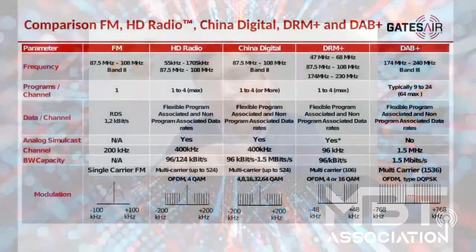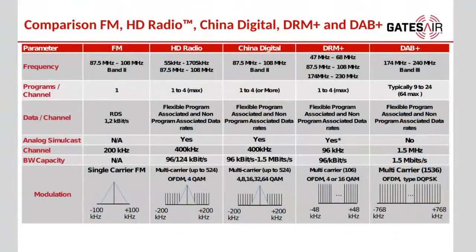Interesting to see. It is a comparison of technologies, and here you can see DAB+ and DRM+. It's probably around the same efficiency, but then we have to consider that in DRM they are working with really low bit rates, talking about 8 to 12 kilobits per second for a service.